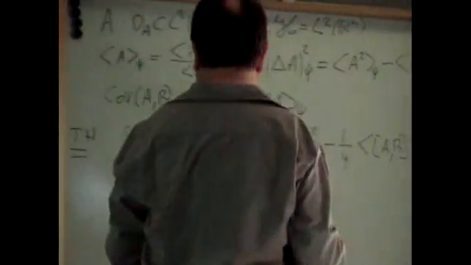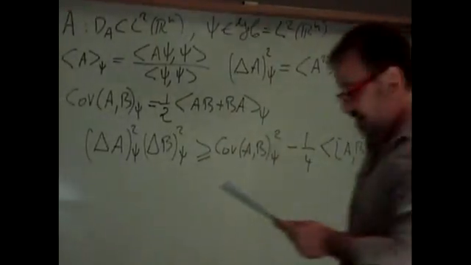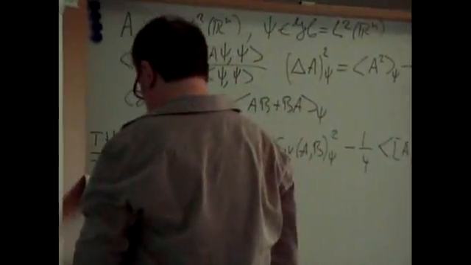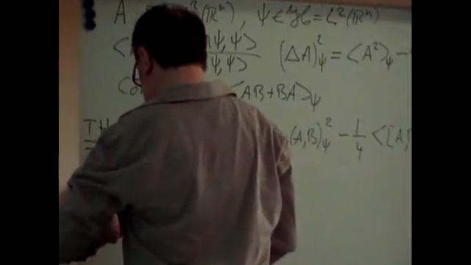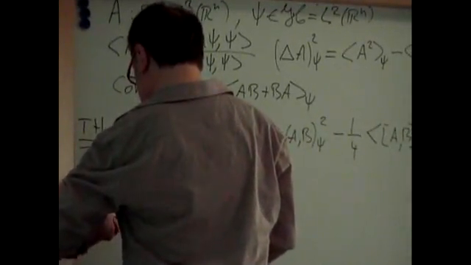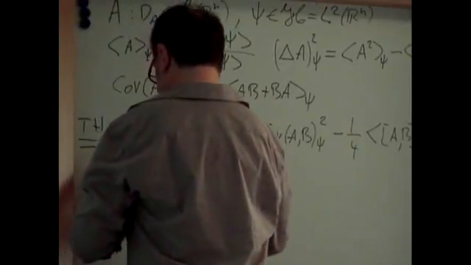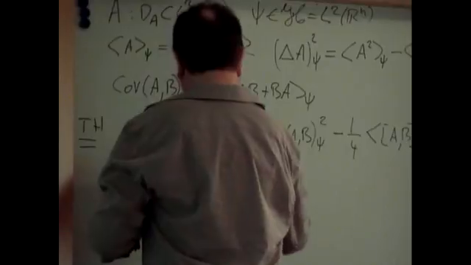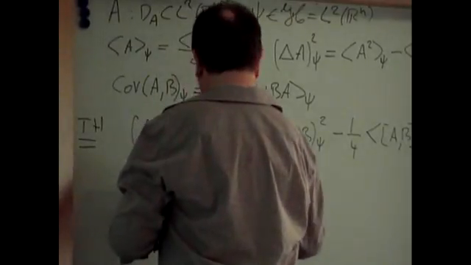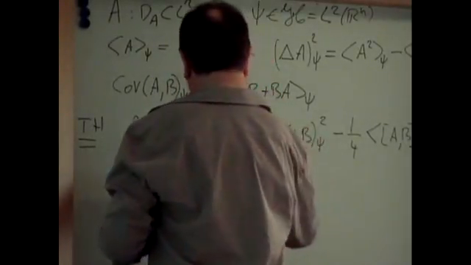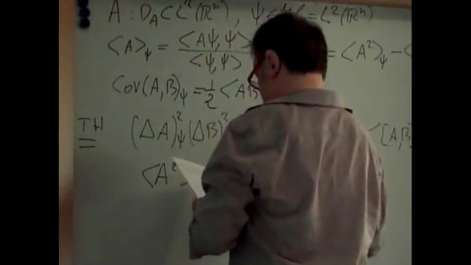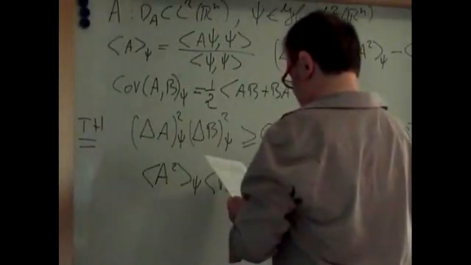First, we can very well assume that the average value of A is equal to 0. You can center the stuff here. In which case, what you get is actually that the average of A squared in psi times the average of B squared in psi is larger than or equal to the average of AB in psi, squared.